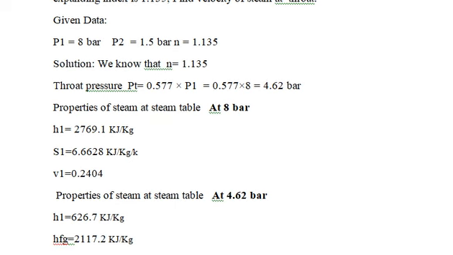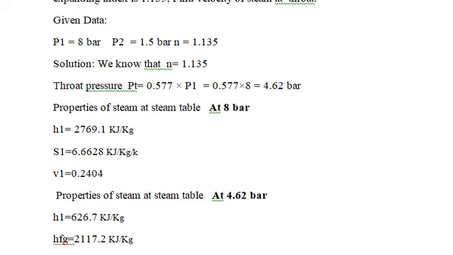P2 is 1.5 bar, and the expansion index is given. Then we know that the throat pressure is given by the formula Pt equal to 0.577 into P1. You multiply 0.577 into 8, equal to 4.62 bar.